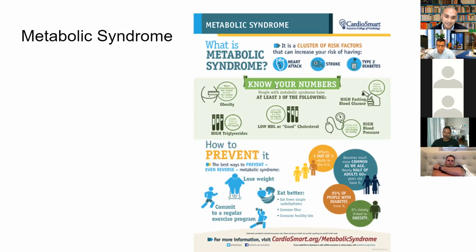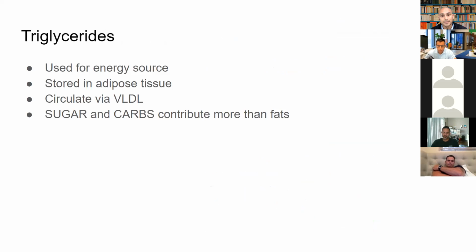Try to get your fasting blood glucose down, really by changing your diet, right? And so the fewer of these items you have, the less likely you are to develop metabolic syndrome, and the less likely you're going to develop a heart attack, stroke, and diabetes, because they're strongly correlated.